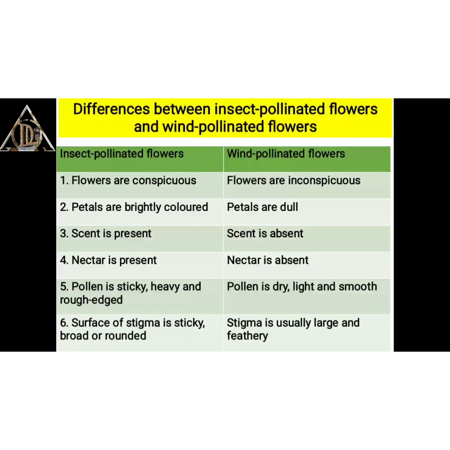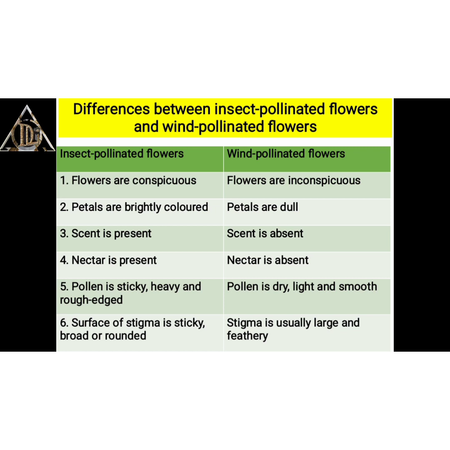Now let's go over the differences between insect-pollinated flowers and wind-pollinated flowers. For insect-pollinated flowers, the flowers are conspicuous. That is, the flowers are easily seen. While for wind-pollinated flowers, the flowers are inconspicuous.